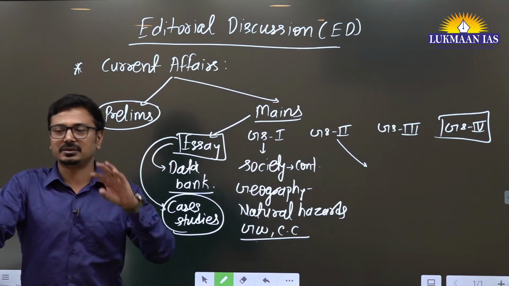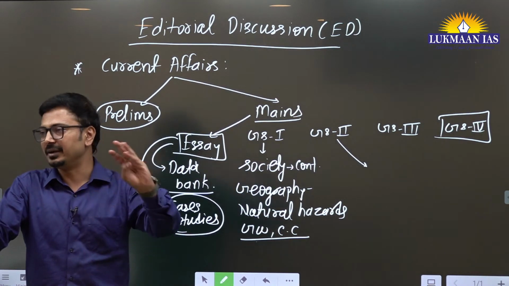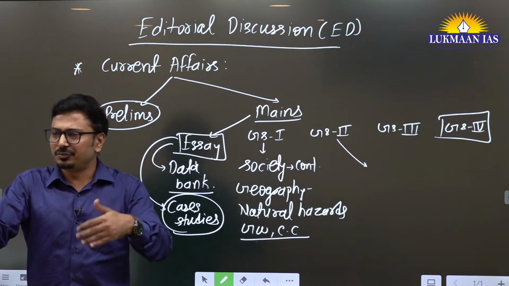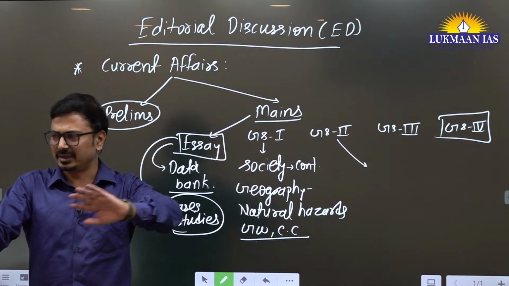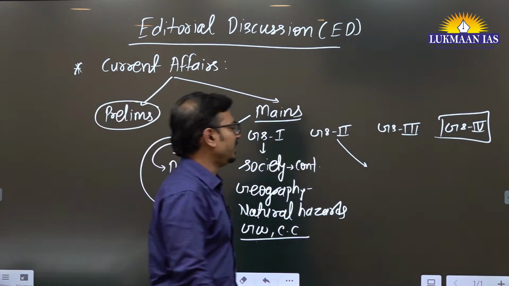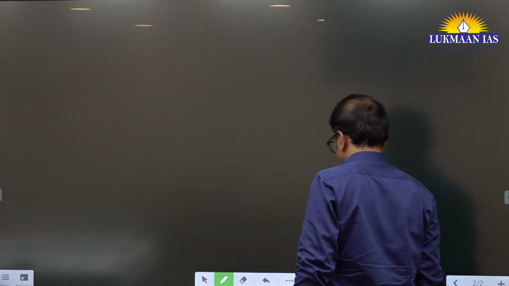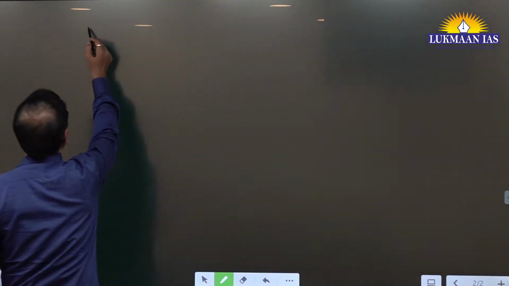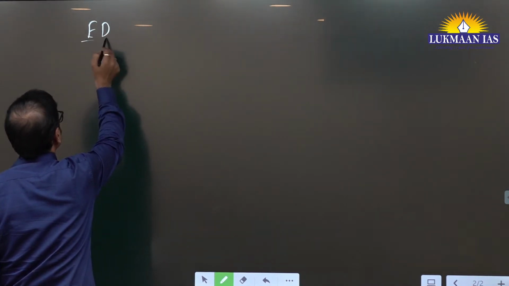For prelims it is current developments of national and international importance. In future we will talk about prelims separately. So largely मुझे ये अभी mains से focus करना था. Now how to take inputs from your ED, editorial discussion.